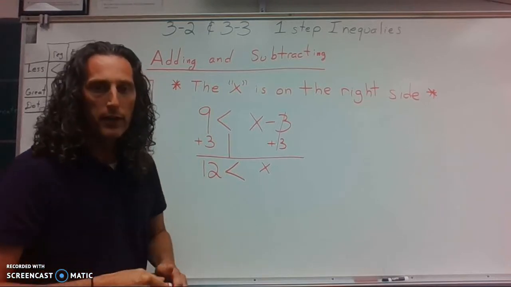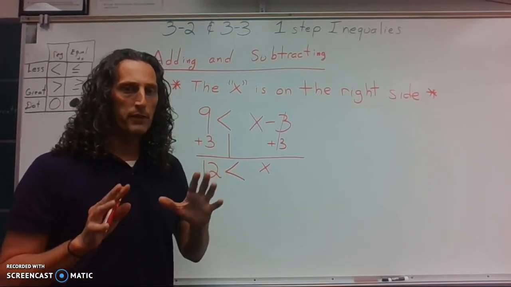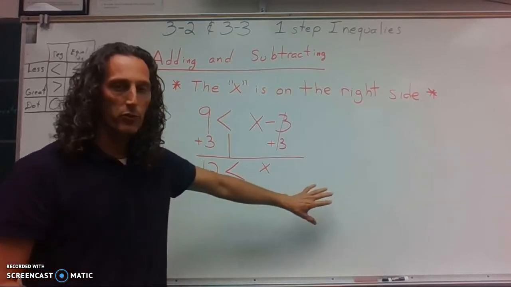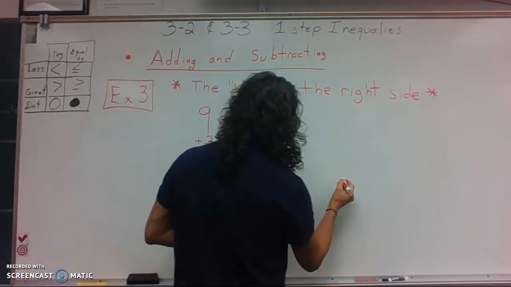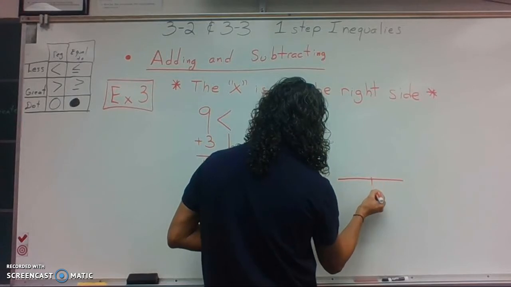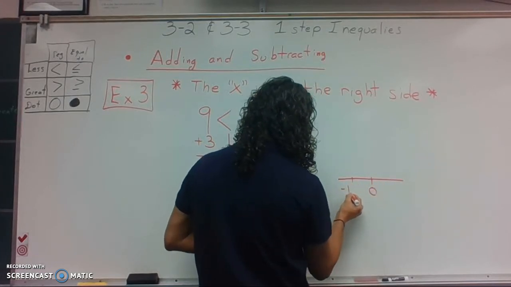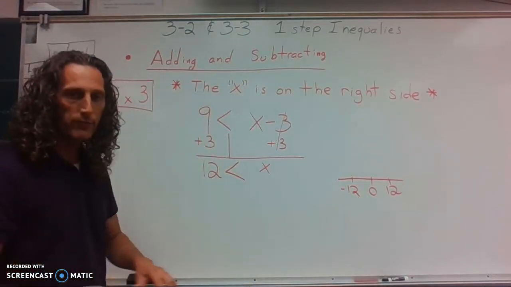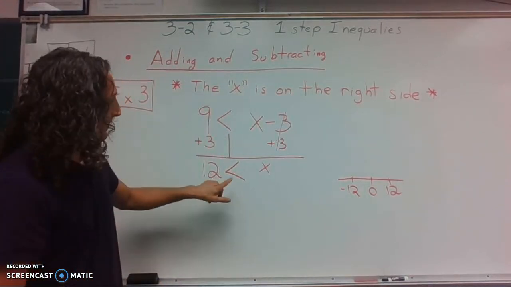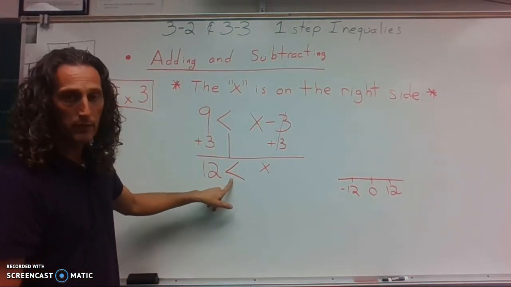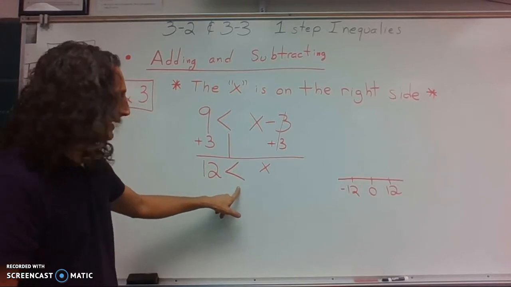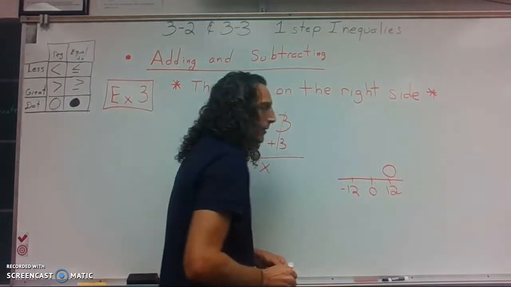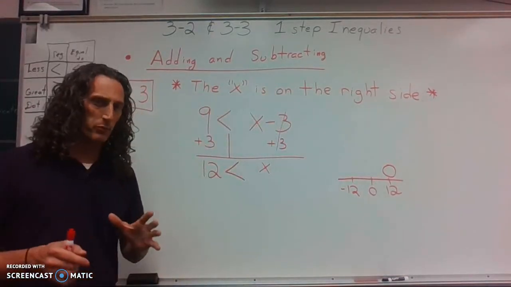Now, here's where I want you to pay very close attention. I'm going to make the graph right next to it. So there's my graph, right? It's small. This is a less than, and it's a regular sign, so I'm going to put a circle above the 12. But I have to be careful in how I read this one.